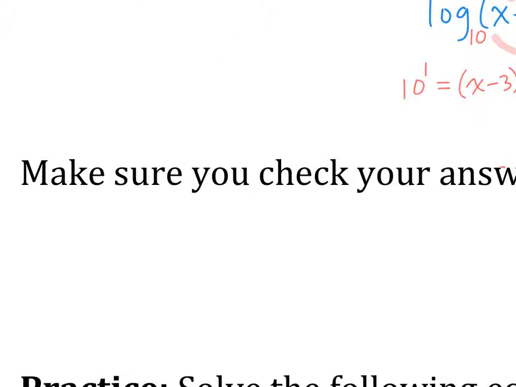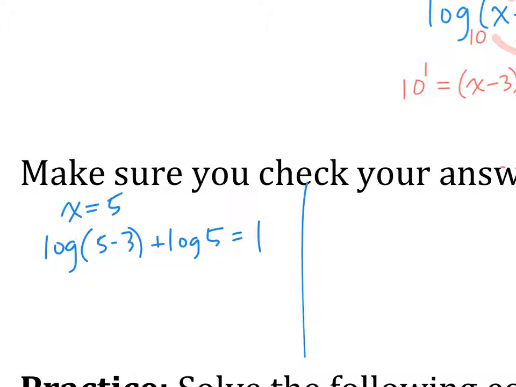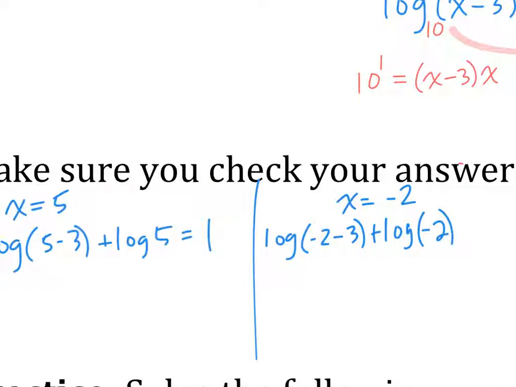So let's see. x equals 5. This is how you check. You plug it back into the original equation. So log of 5 minus 3 plus log of 5 equals 1. You're going to check to see if that's true. And then x equals minus 2: log of minus 2 minus 3 plus log of minus 2 equals 1.